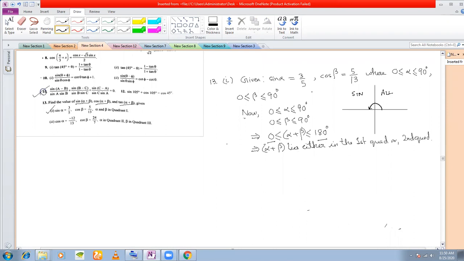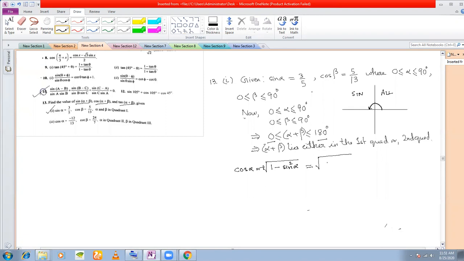we'll first find cos alpha. Cos alpha, you know, is root 1 minus sine square alpha. Now see, alpha is in the first quadrant, so that is why we are taking the positive sign here. Otherwise I would have given a plus minus sign.